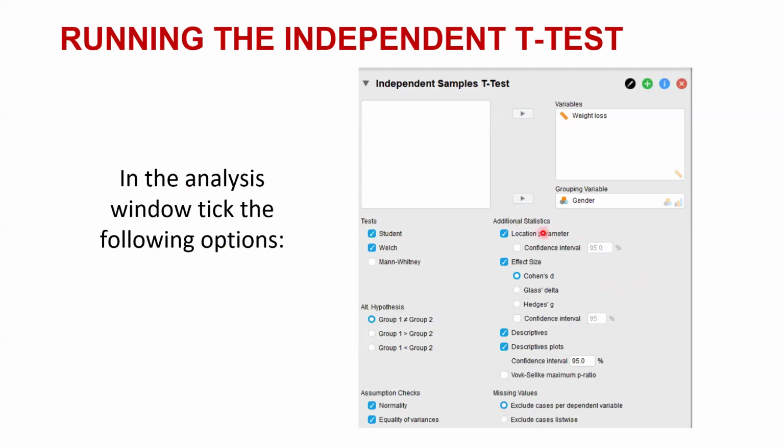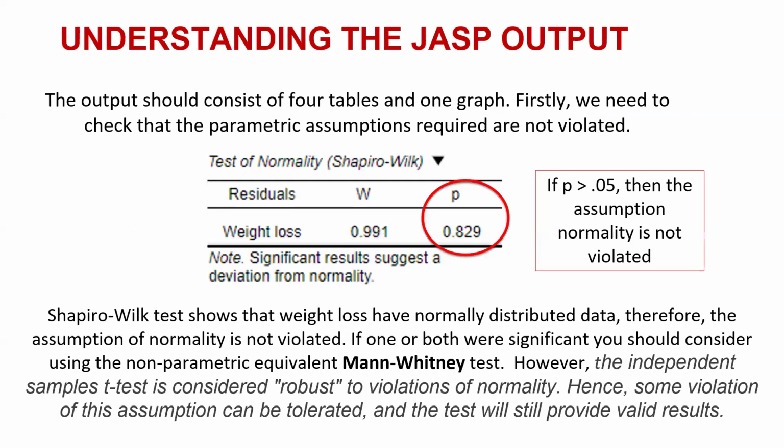So in the analysis window, we take the following options. These are explained in detail in that video, wherein I'm demonstrating how to run the independent samples t-test. Once you refer to that short video clip, you may refer back to this discussion so that you'll have a better understanding of the JASP output that you have generated. Now, the output should consist of 4 tables and 1 graph.